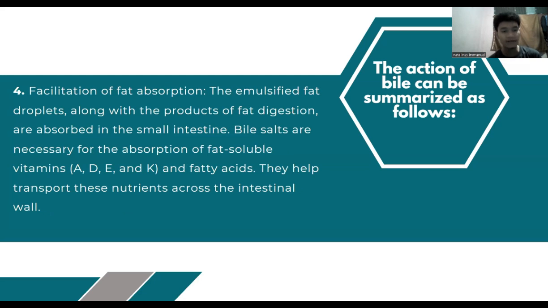The fourth is facilitation of fat absorption. The emulsified fat droplets, along with the products of fat digestion, are absorbed in the small intestine. Bile salts are necessary for the absorption of fat-soluble vitamins A, D, E, and K, and fatty acids. They help transport these nutrients across the intestinal wall.